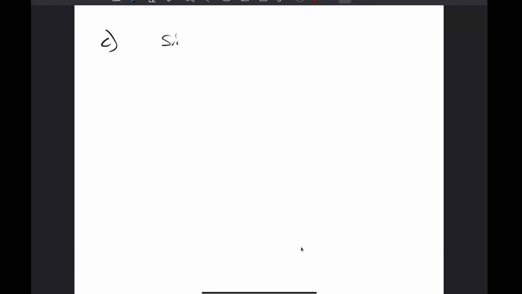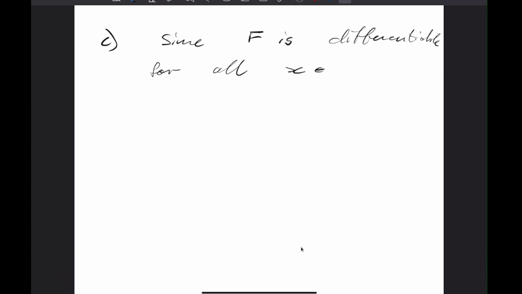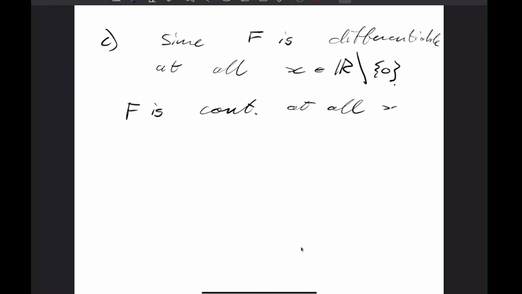So since big F is differentiable at all x in R without 0, f is continuous at all x in R without 0.